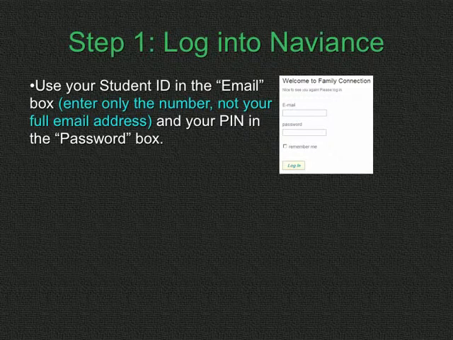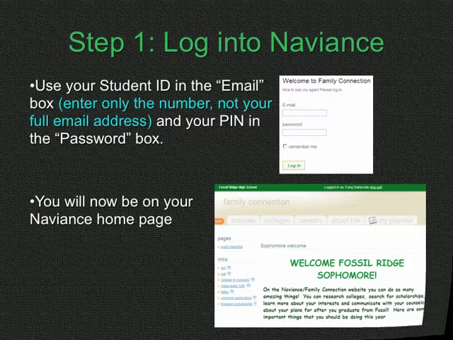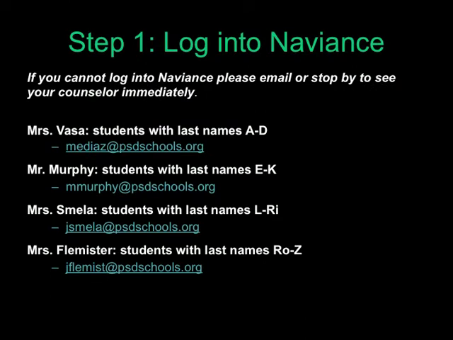Put your PIN number in the password box to log in. You will now be on your Naviance page. If you cannot log into Naviance, please email or stop by and see your counselor immediately. The only way to register for classes your junior year is through Naviance.